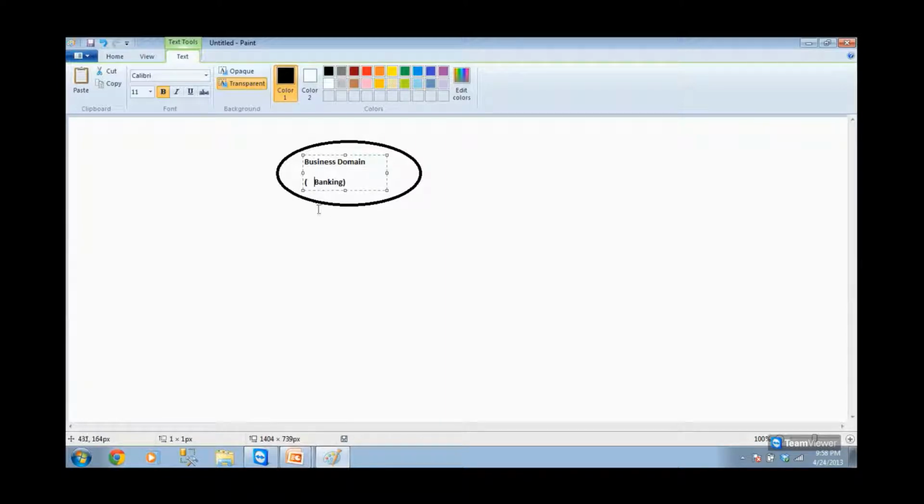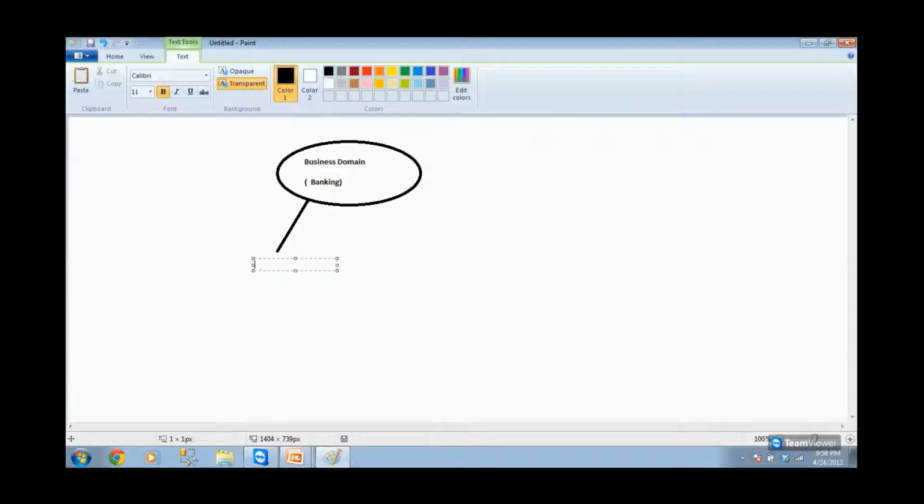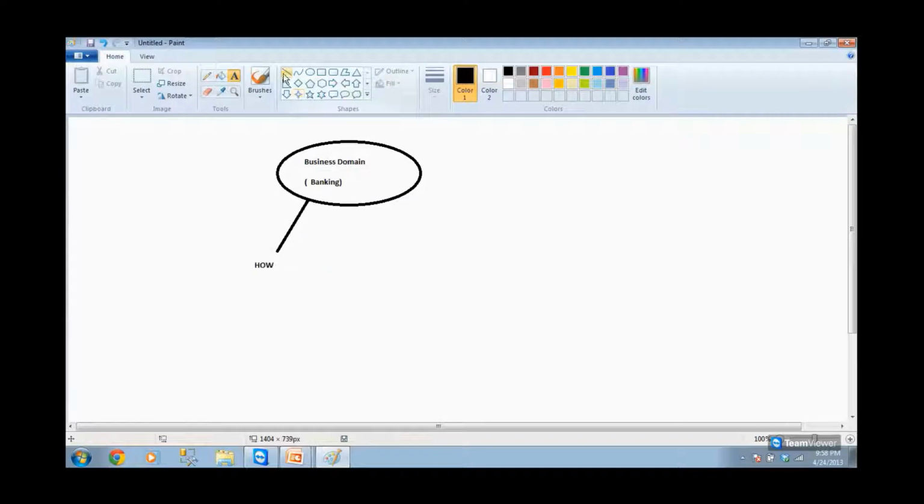Now we're talking about banking, right? You can go to any bank and ask, sir, how do I open an account? When you say how, the banker would explain what is known as a process.